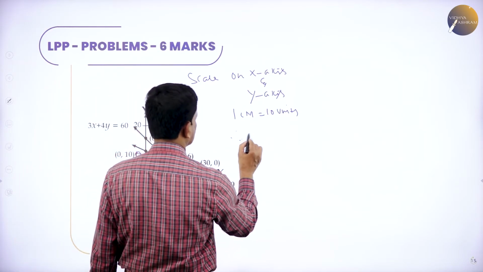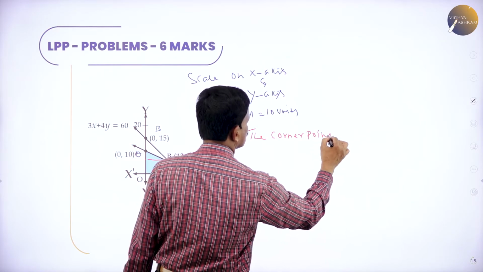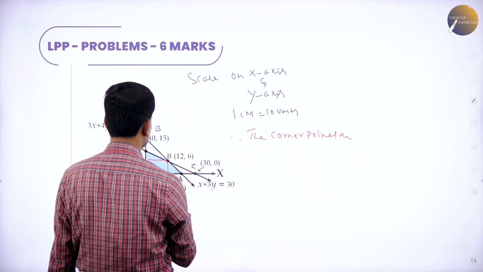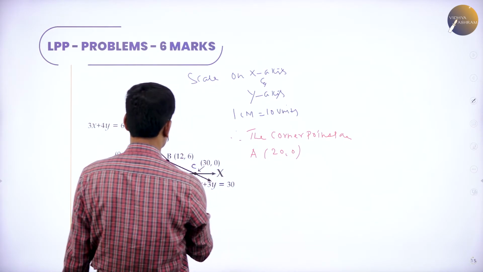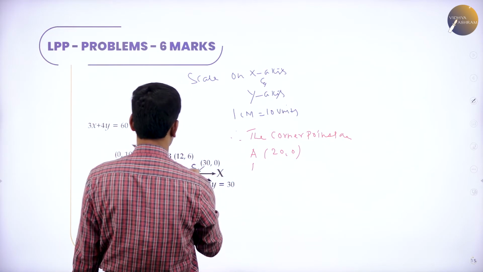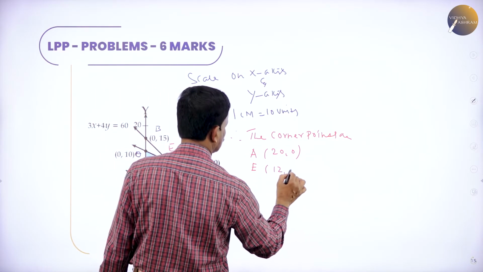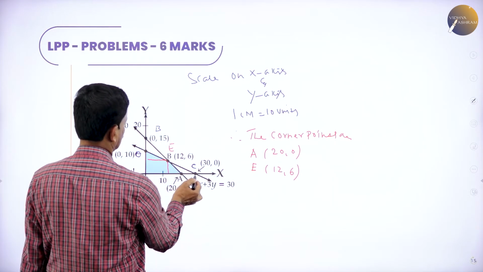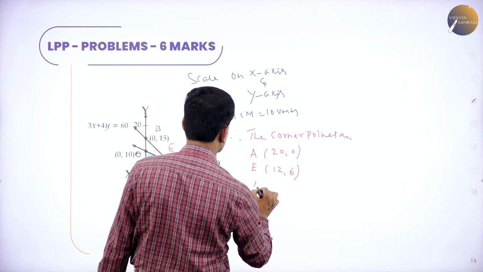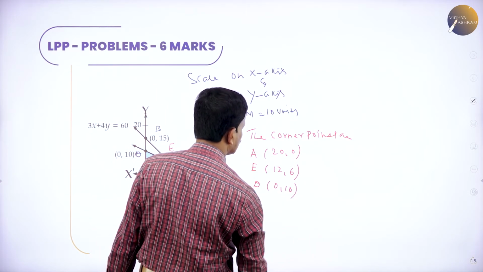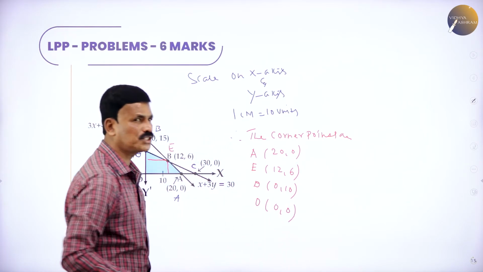Therefore, the corner points are, let me take A 20, 0, then E, which is 12, 6, and then D 0, 10. These are the corner points, and O 0, 0. Put it in order, that's it.